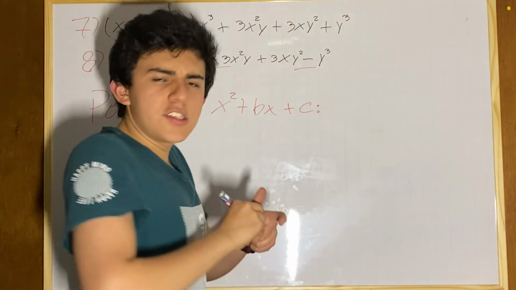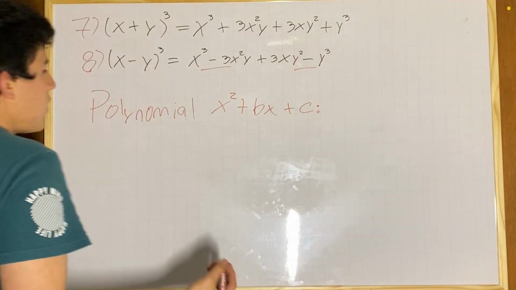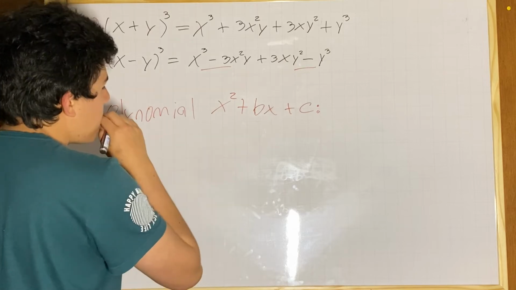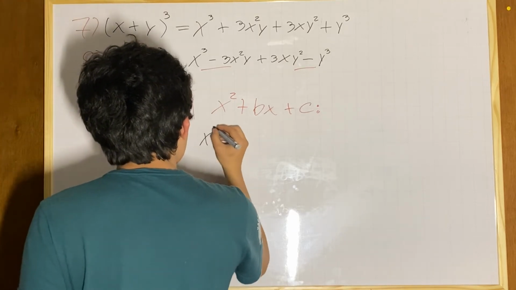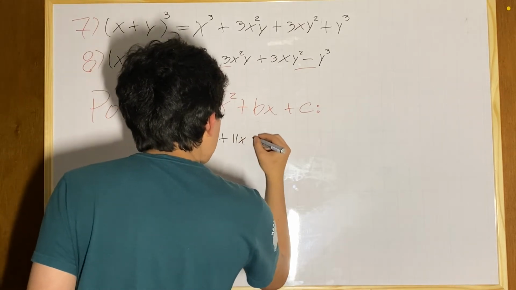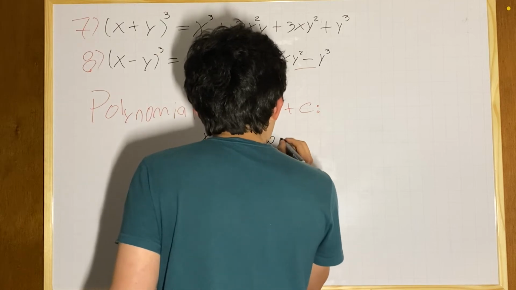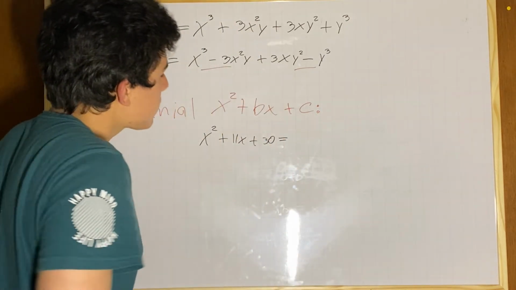So let's jump straight into an example. Let's say we have this form. Let's say we have x squared plus 11x plus 30. Now, how much is this equal to?